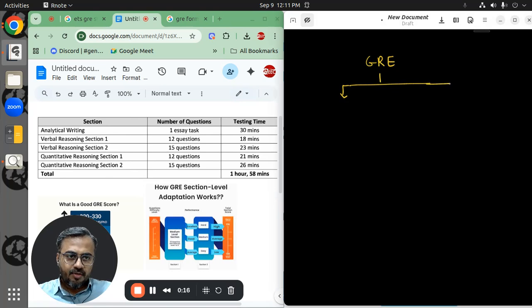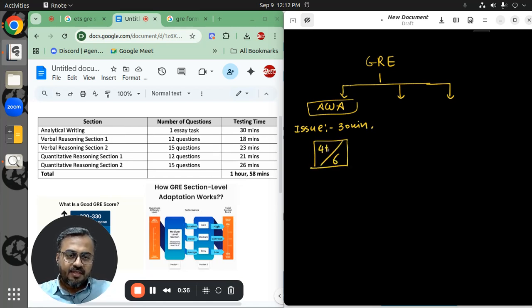As you can see to the left hand side of this window, first is Analytical Writing Assessment, which is commonly known as AWA. It has an issue task. You have to type your response in 30 minutes, scored out of 6 bands. 4 plus bands out of 6 is a good score.